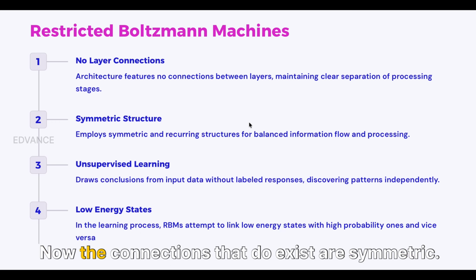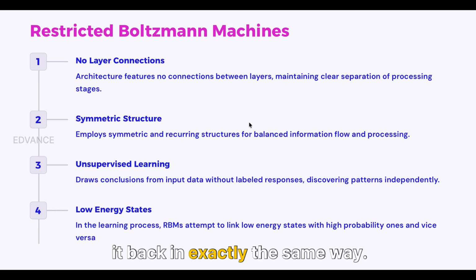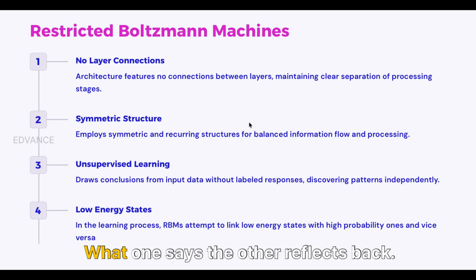Now, the connections that do exist are symmetric. That means if a visible unit sends information to a hidden unit, that hidden unit can influence it back in exactly the same way. You can imagine it like two friends giving each other equal feedback. What one says, the other reflects back.